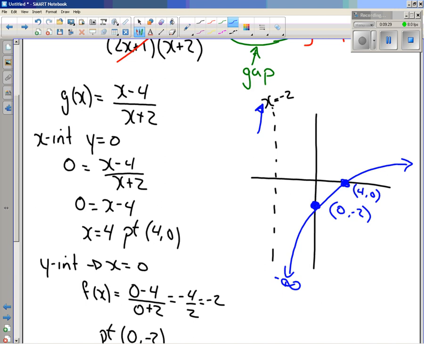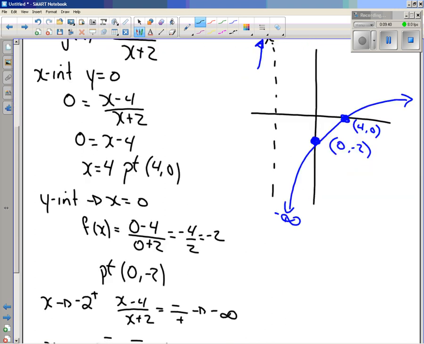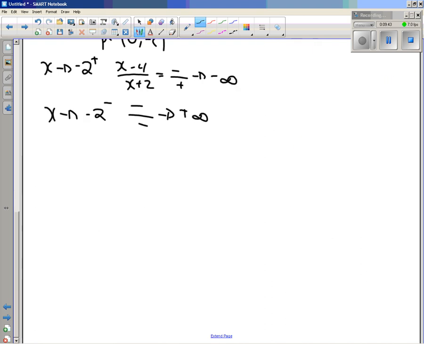Now all that's left is to figure out where the horizontal asymptote is going to go. So how do we figure that out? Factor out an x from our function.